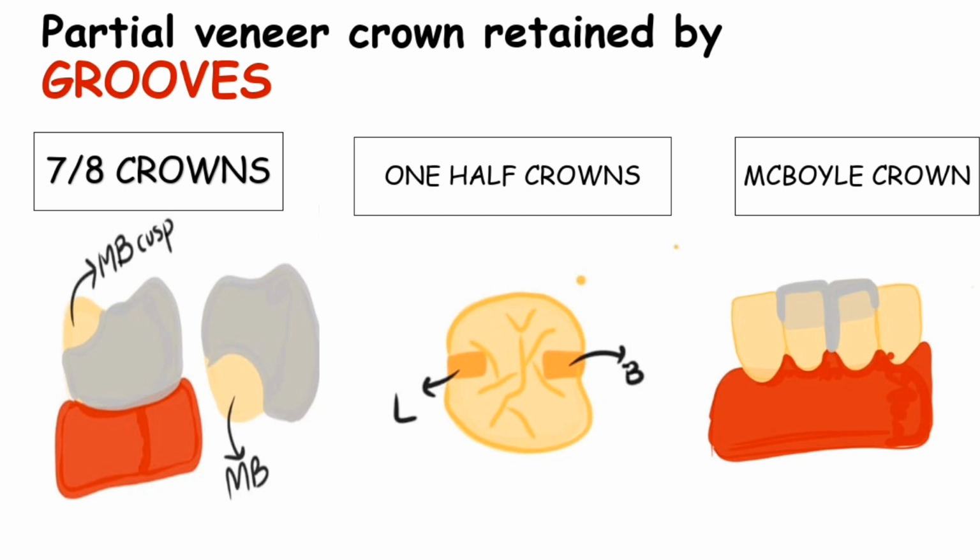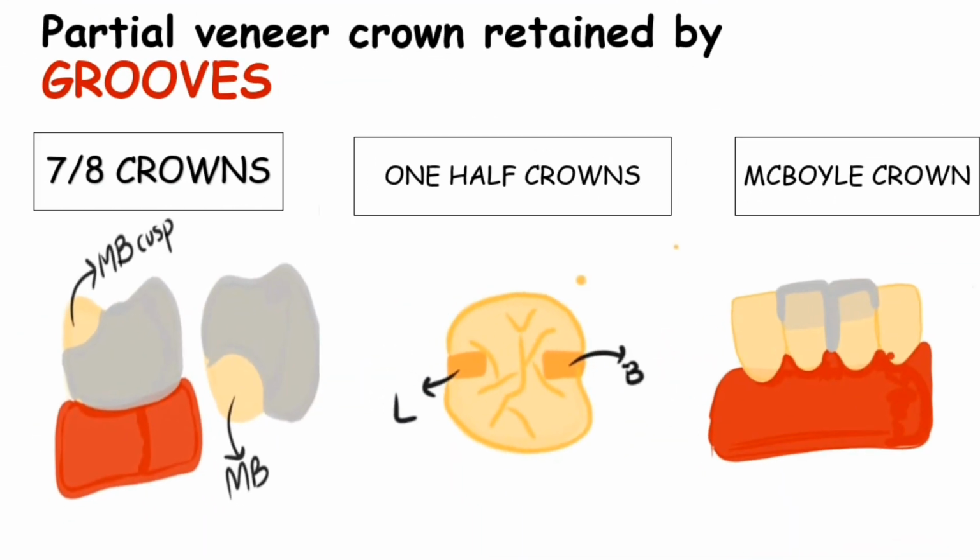The other crown is the 1/2 crown. The 1/2 crown is also a modified form of the 3/4 crown, and it restores the occlusal and mesial surfaces as well as a portion of the lingual and buccal surfaces, and it is retained by buccal and lingual grooves. You can see that the L is showing the lingual groove and the B is demonstrating the buccal groove.